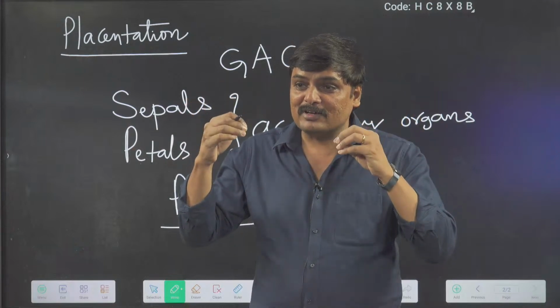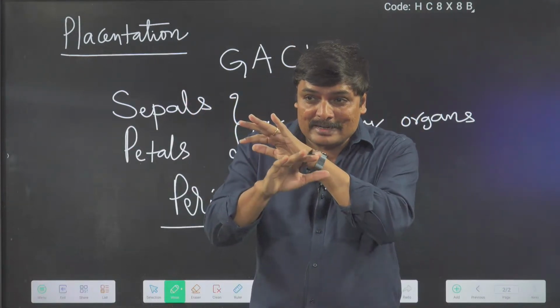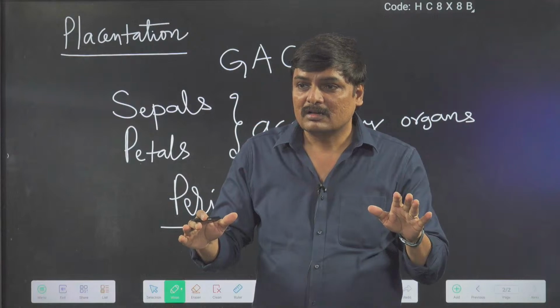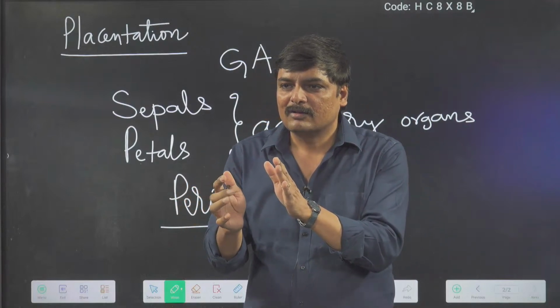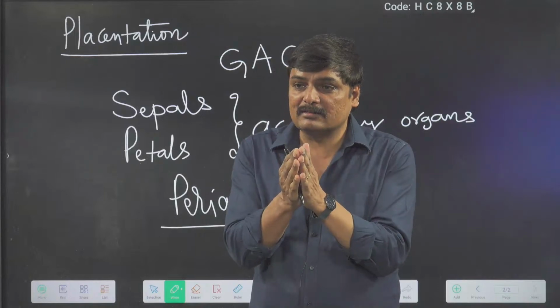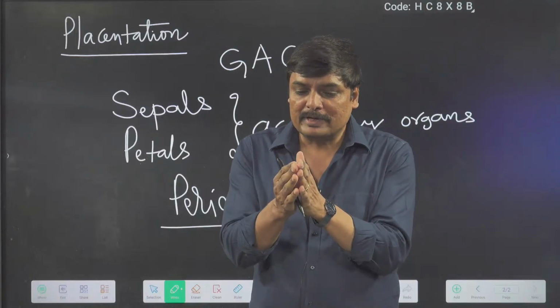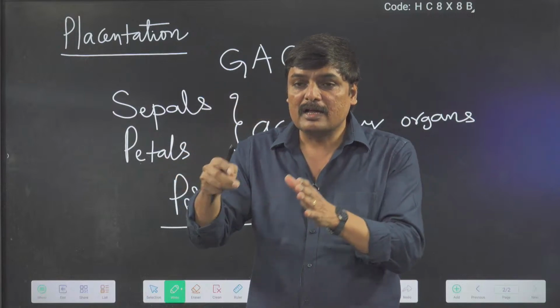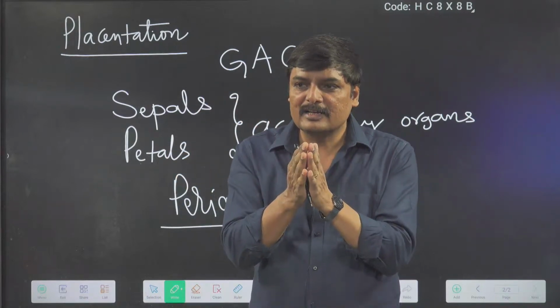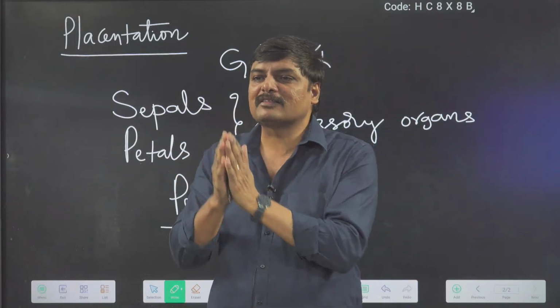In some flowers, we can't distinguish this is calyx and this is corolla. Both are identical. In such a case, it is known as perianth.